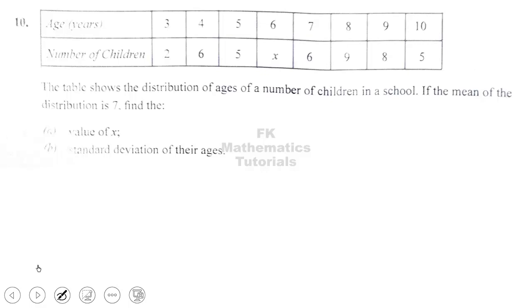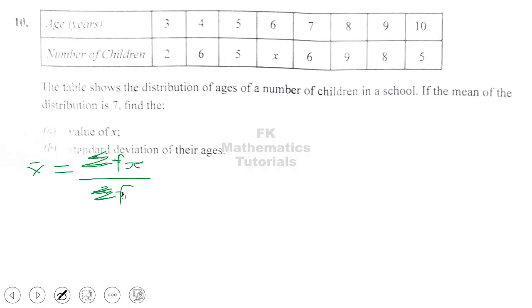So, to find the mean, we know the mean is given by the sum of the frequency times x, where x in this case is the ages and the frequency is the number of children, over the total, that is the summation of f.